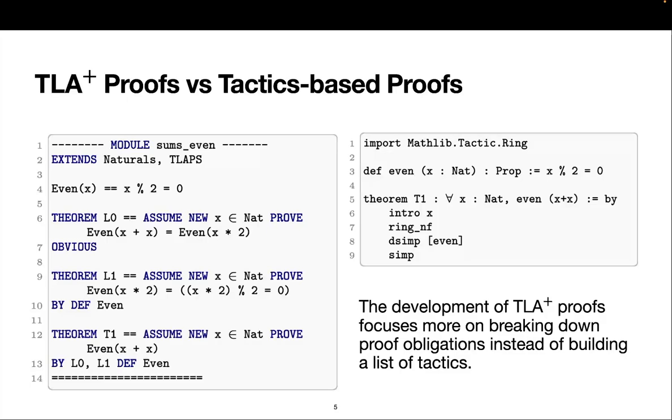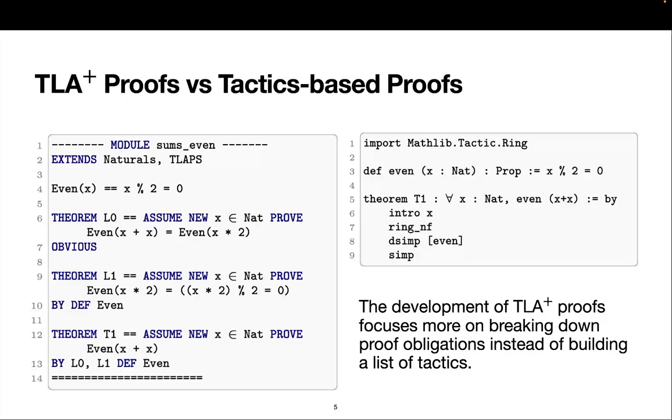On the right-hand side, you can see the same theorem but proved in Lean. The Lean proof has a sequence of tactics. Each tactic transforms the proof state step by step. The development of TLA plus proofs usually focuses more on breaking down proof obligations into intermediate claims and steps instead of building a sequence of tactics like Lean.